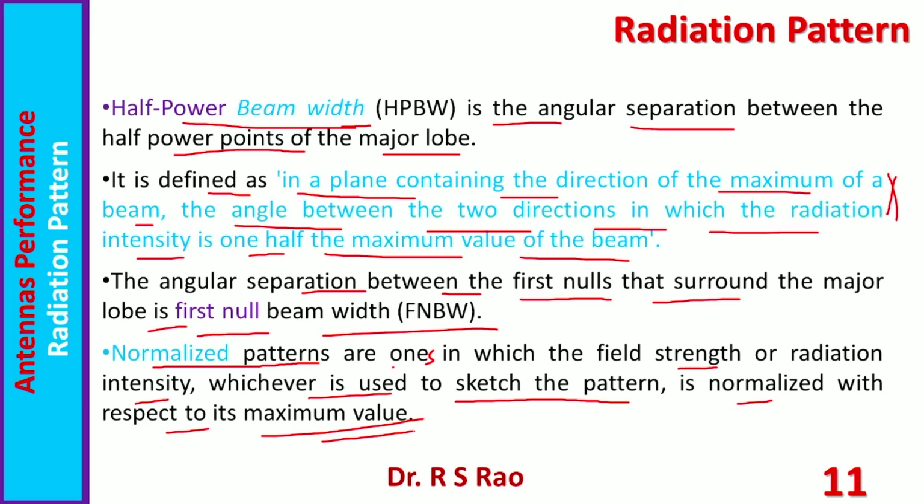Here in antenna theory, normalization is with respect to the maximum value of field strength or radiation intensity. In transmission line theory, normalization is impedance normalization. Here in antenna theory, normalization is field strength normalization or radiation intensity normalization. That difference one has to keep in mind.